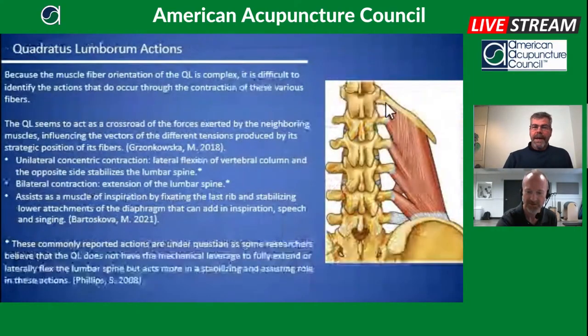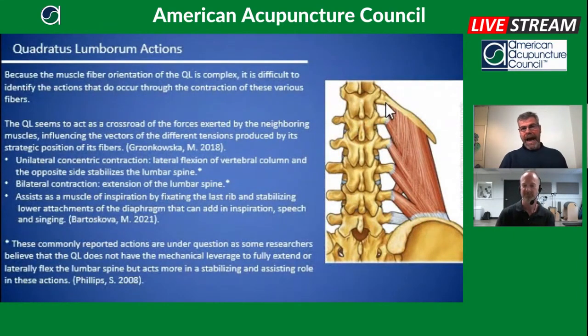So hey, Brian, can I add something to that? Sure, absolutely. So the first two bullets with those asterisks are that research. They actually did some EMG studies on that, and they had the models go into extension of the lumbar spine as well as lateral flexion, and looked at the muscles that actually act on the spine.